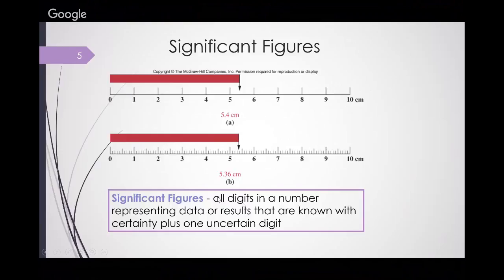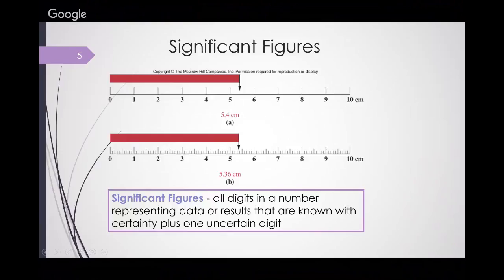So here we know these go by ones. So we know for sure that this distance is between 5 and 6 centimeters. We then approximate what's in between, 5.4 centimeters. Here we have things going by a millimeter or 0.1 centimeters.